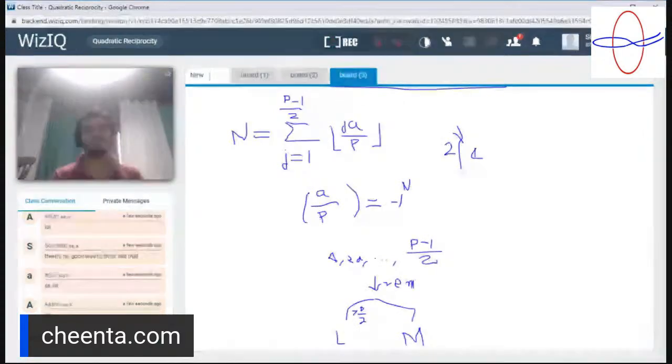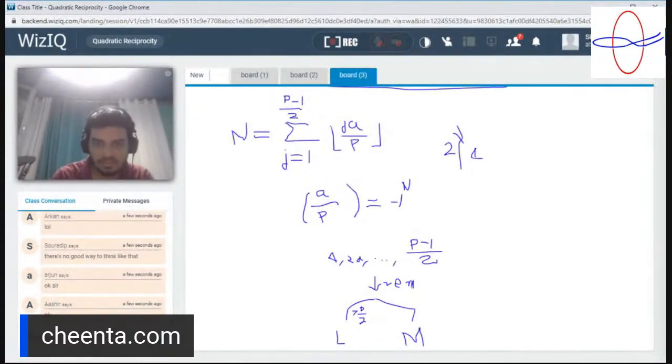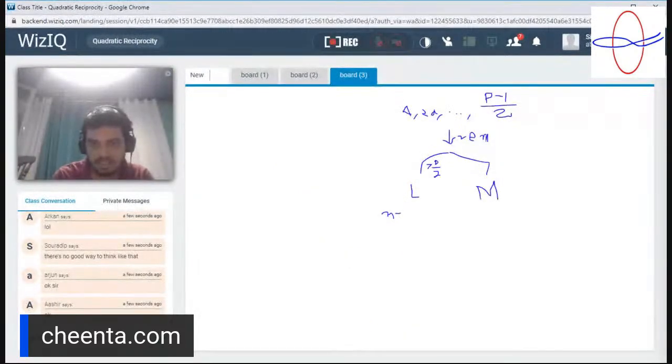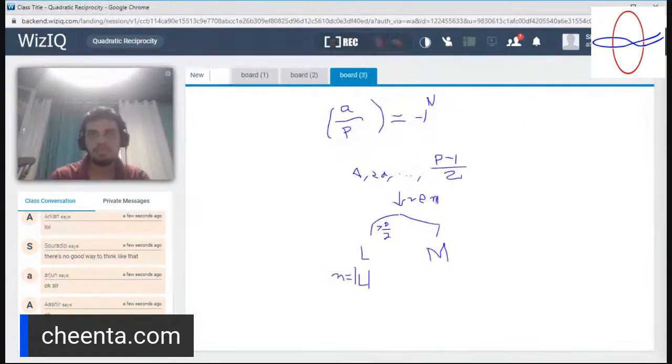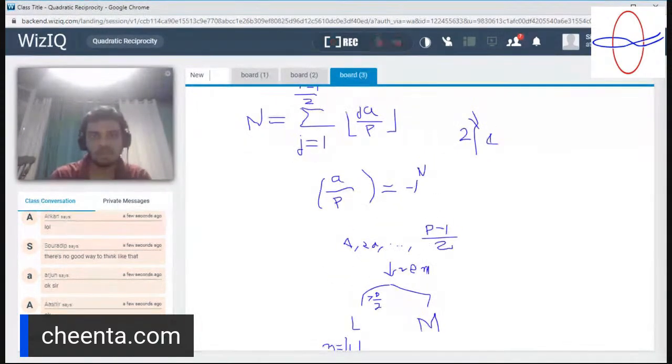And then we take the mod of L. For simplicity's sake, let's consider small n equal to mod of L. Now we'll try to focus on this stage, the movement from the numbers to the remainders, because that is pretty non-trivial, and that's what doesn't allow us to simplify this lemma in any way.